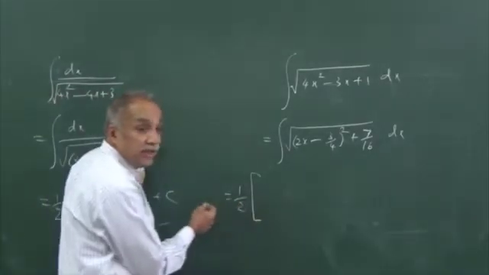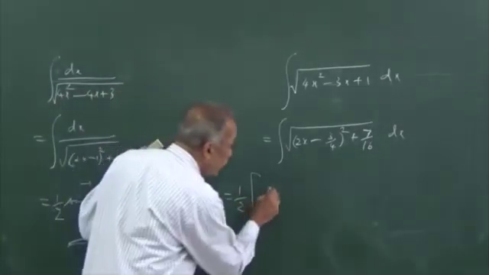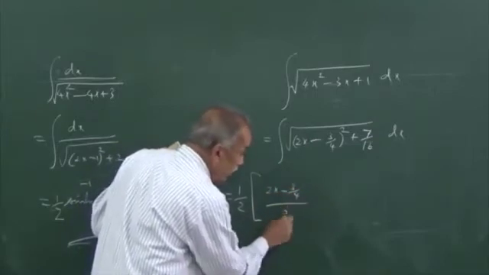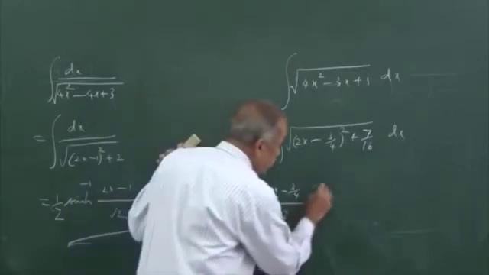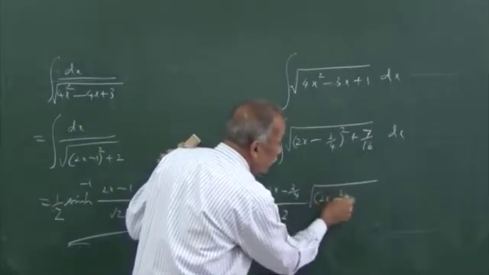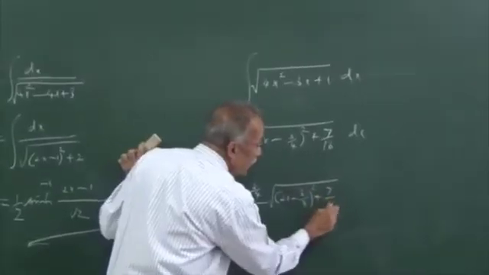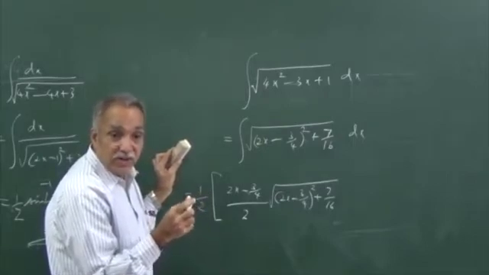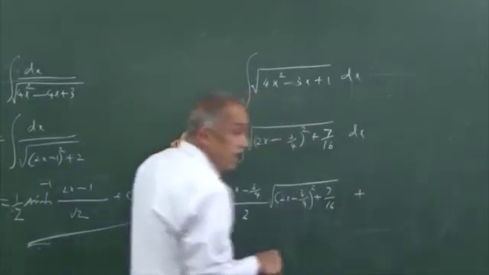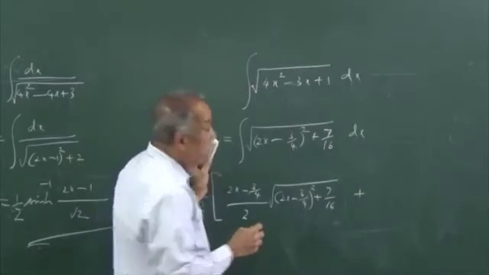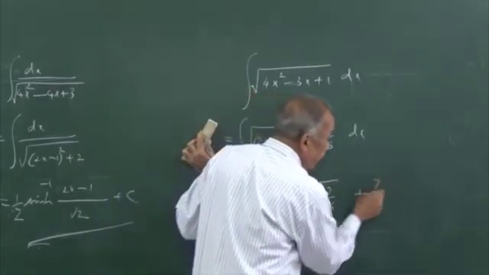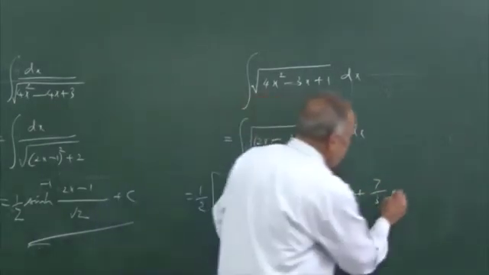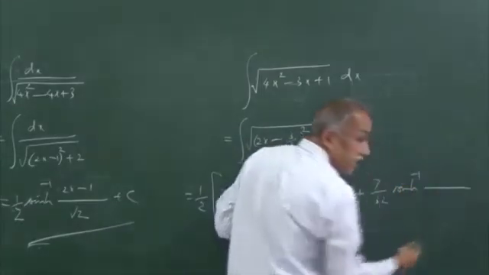Okay, then formula application: x by 2 into the same expression, with a sign plus or minus, plus a square by 2, a square is 7 by 16, divided by 2, into sin hyperbolic inverse x by a.